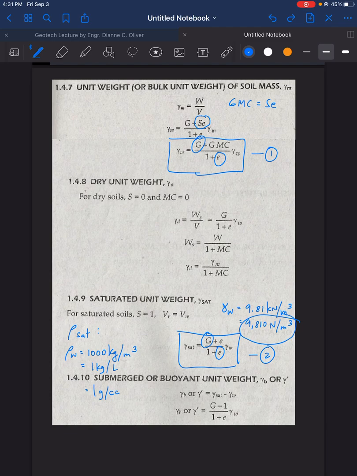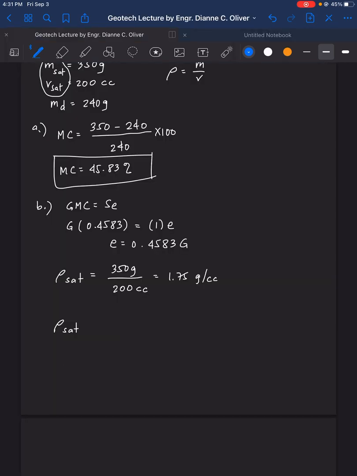Instead of gamma sat, you have there rho sat. Then instead of gamma water, you have rho of water. So we have here G plus E over 1 plus E rho of water.